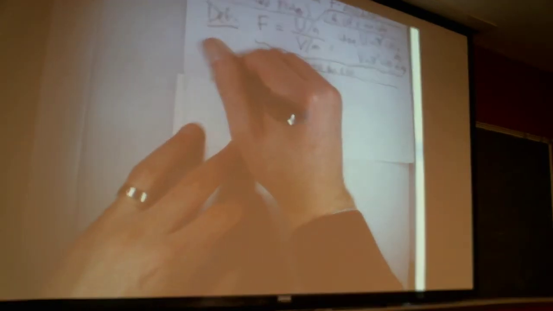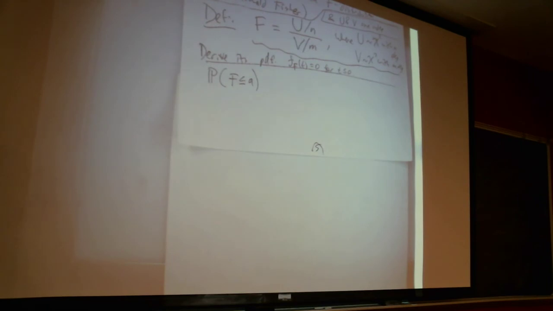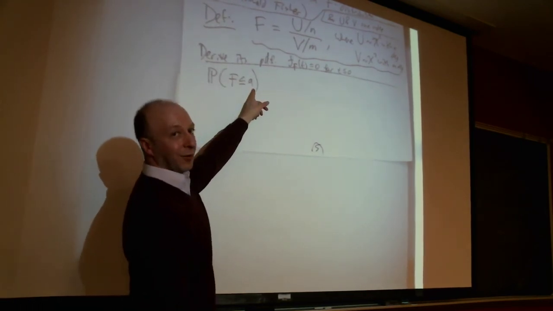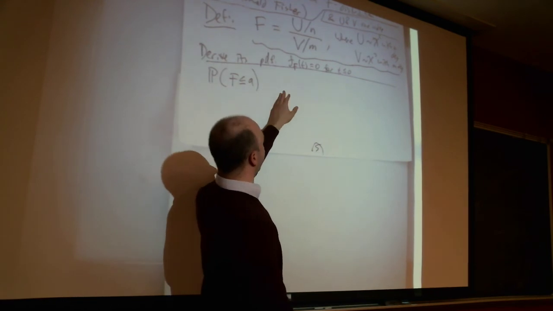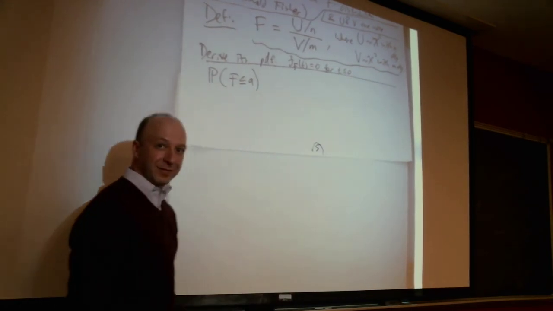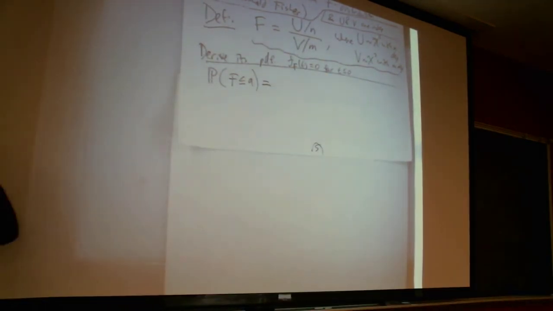So what's the probability that an F distribution is at most a? We're going to take this and differentiate with respect to a, or alternatively express it as an integral from 0 to a of something, and that something will be the PDF. We have two variables, u and v.